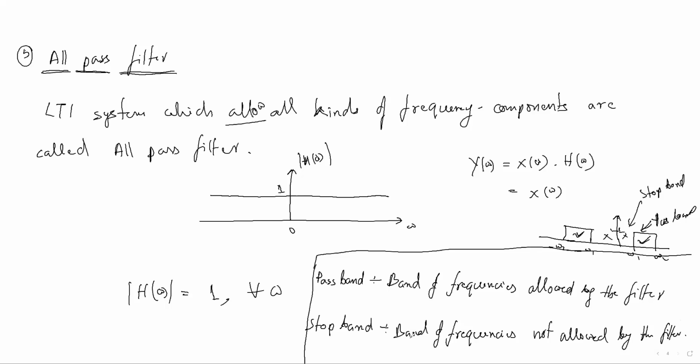So these two terms you should remember, because they are common terms when you learn about filters. What is called pass band, what is called stop band. Is there any doubt?